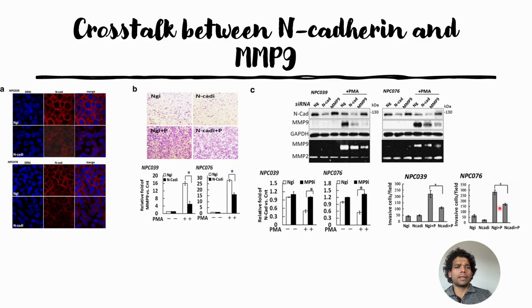So all together this indicates that there is evidence that a crosstalk between N-cadherin and MMP9 occurs, and this crosstalk exists in both directions. So far from the evidence, it looks like that.